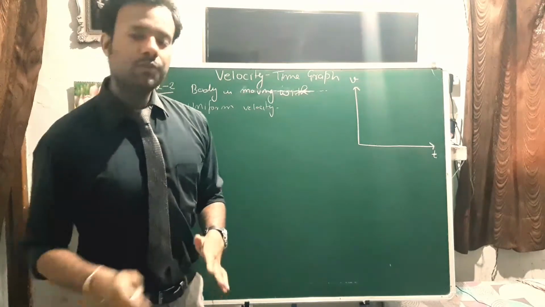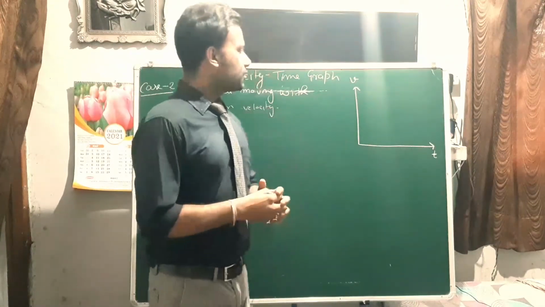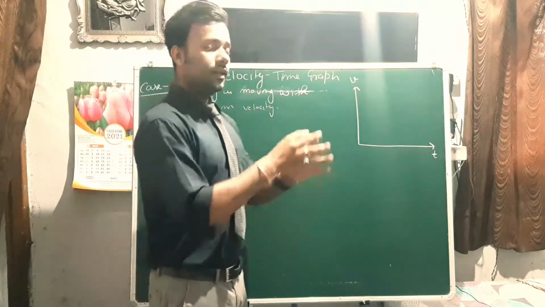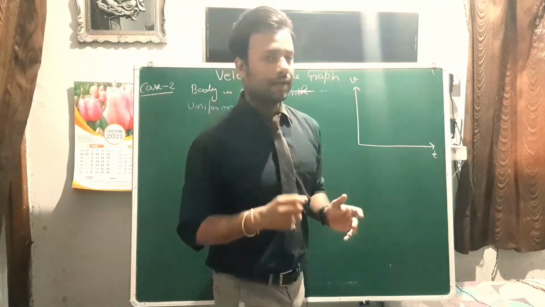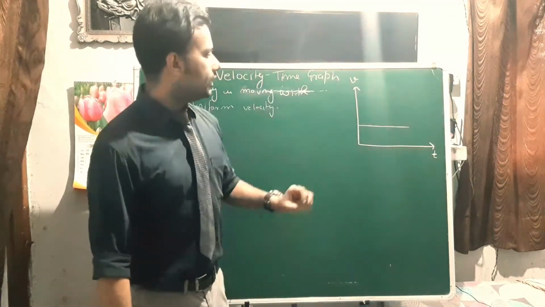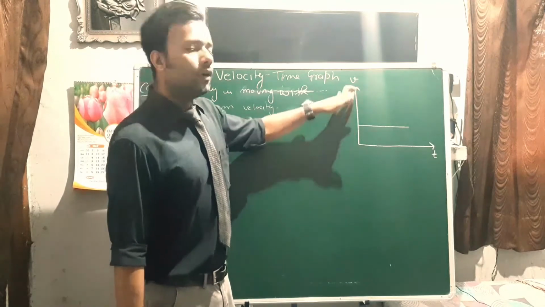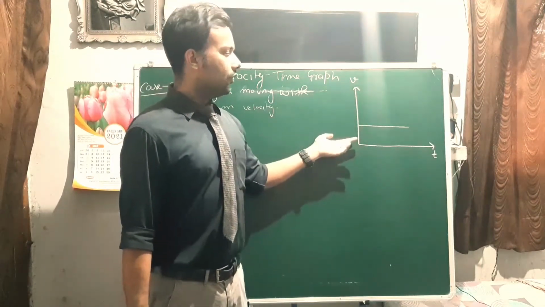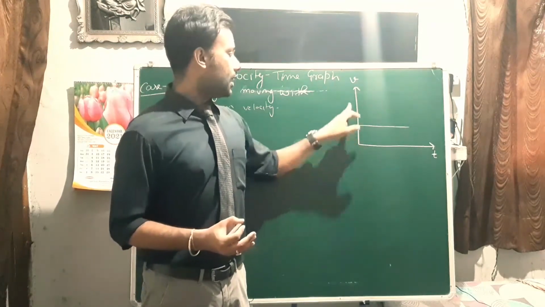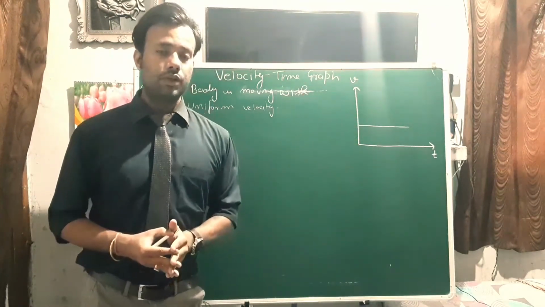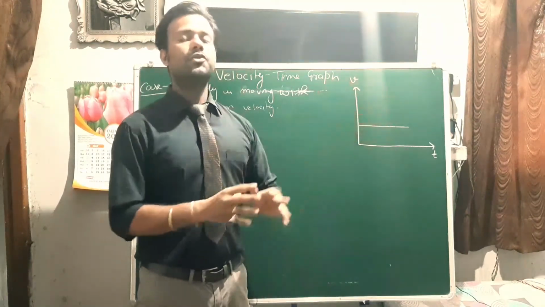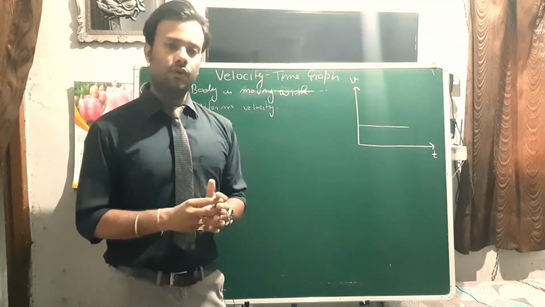Okay, so uniform means it is not changing with time. So you can make any line parallel to the time axis like this. This line can be above or below, right? But it must be above the origin, because at the origin the velocity is 0. So any line which is parallel to the time axis represents the graph of uniform velocity.